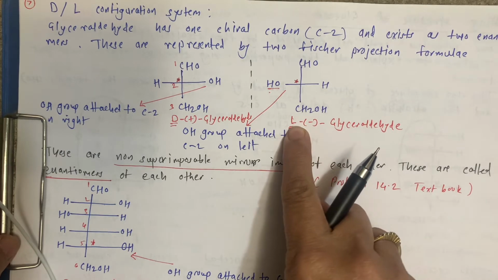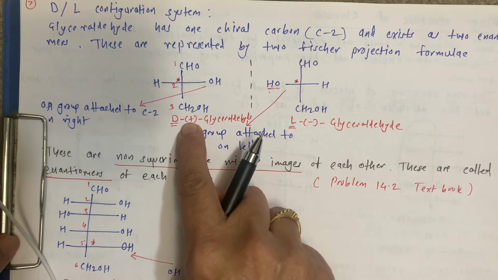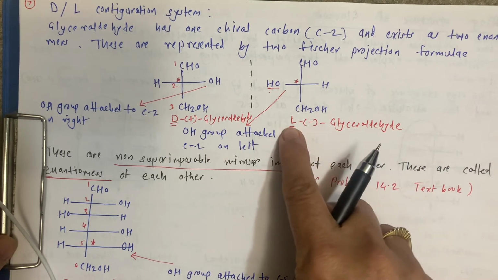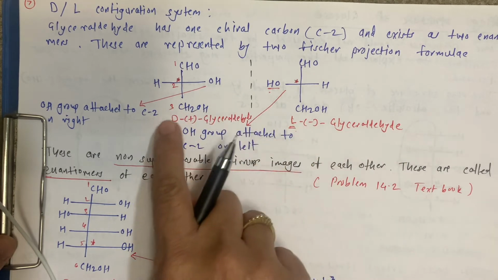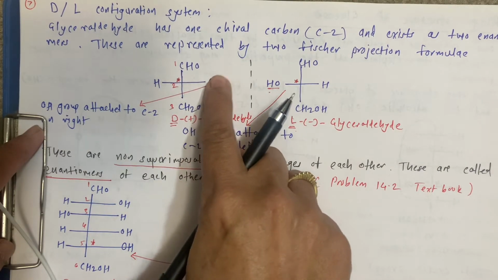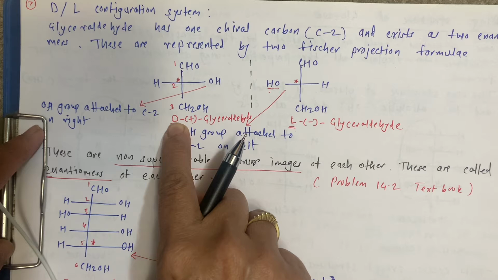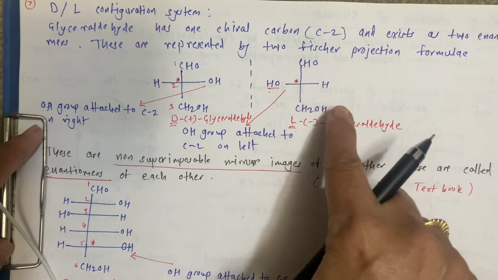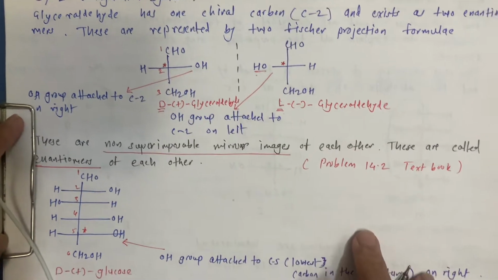The positive sign also indicates dextro, and the negative sign indicates levo. So when the OH group attached to C2 is on the right, this is dextro. When the OH group attached to C2 is on the left, this is levo.